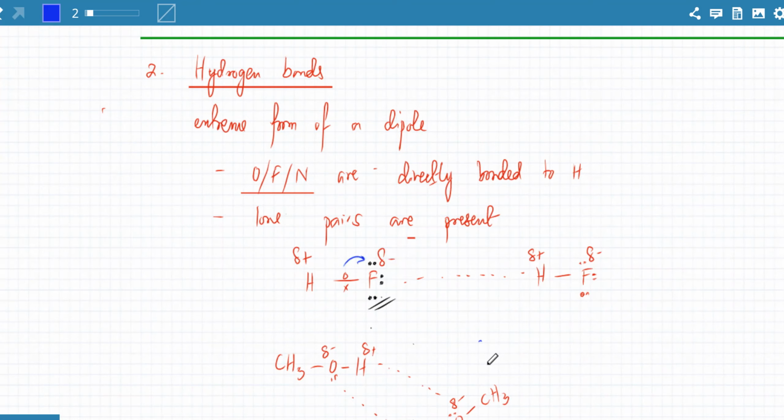Yes, sir. So they are an extreme form of the same idea of a dipole, just an extreme version of a dipole. Plus, they also have these very negative lone pairs on them. So that increases the negative charge even further. So is this clear?